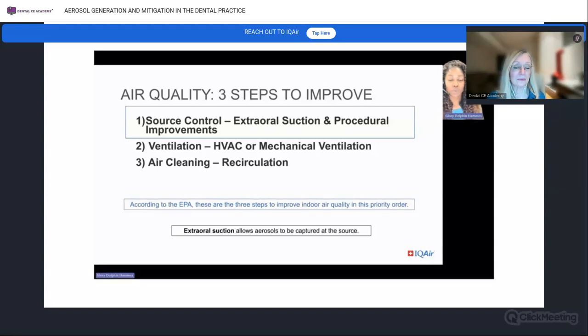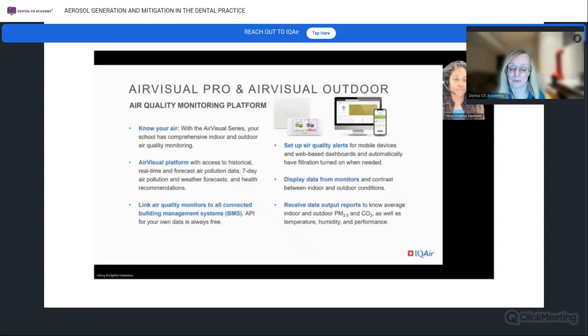When it comes to source control, I wanted to mention extraoral suction. You've probably heard of that within the dental environment. Extraoral suction allows aerosols to be captured at the source. A little bit further, in terms of improving the air quality, you've got to start with measuring the air quality. We've got to quantify how clean, or in some cases how dirty, the air might be.